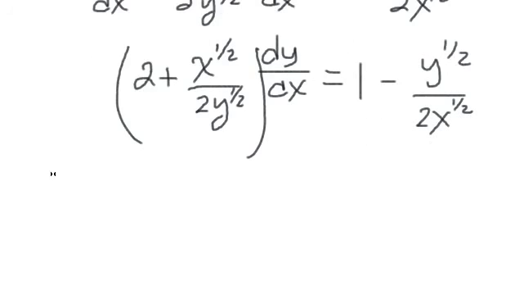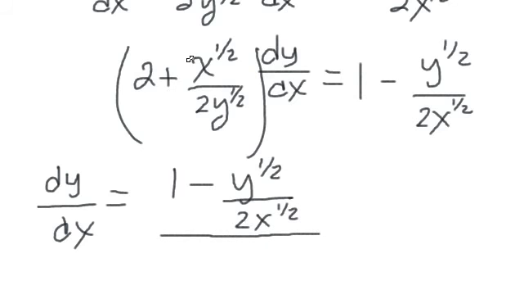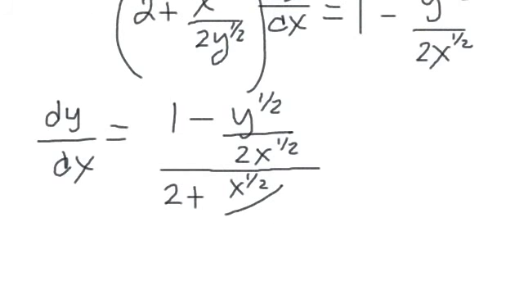Then what I'm going to do is just go ahead and write dy over dx is equal to 1 minus y to the half over 2x to the half, and that's going to all be over this stuff here because we're going to take this directly diagonally down. So 2 plus x to the half over 2y to the half. I guess I didn't have to run out of room, could have just done that.